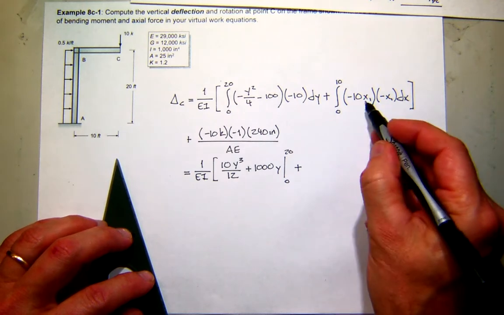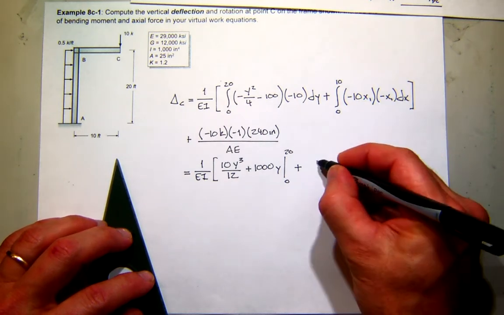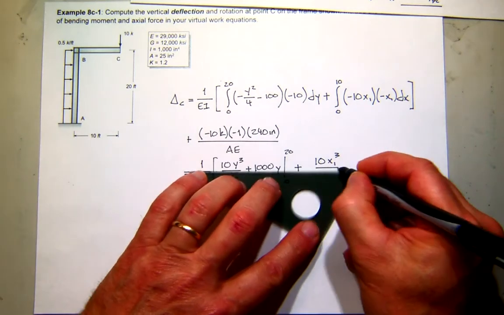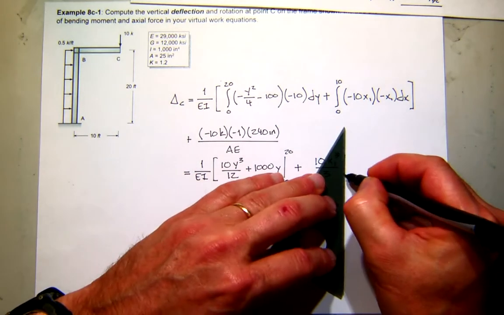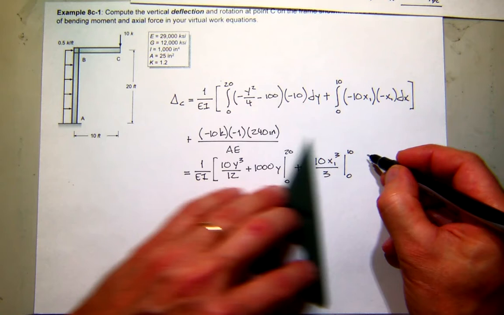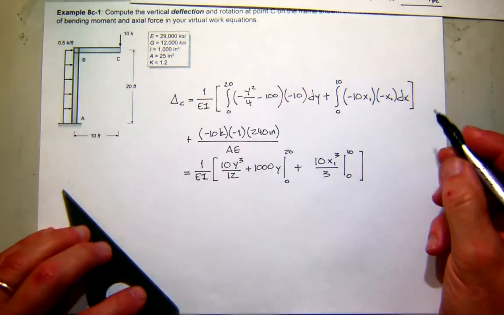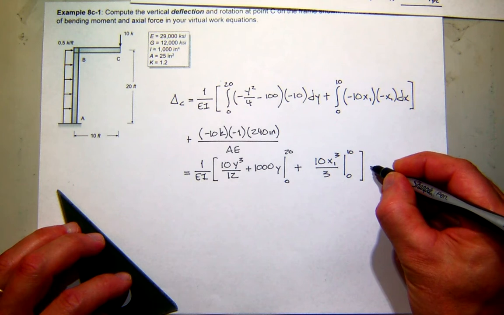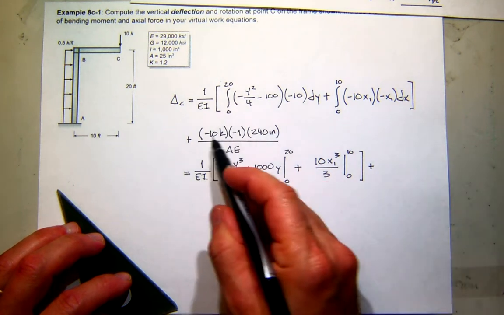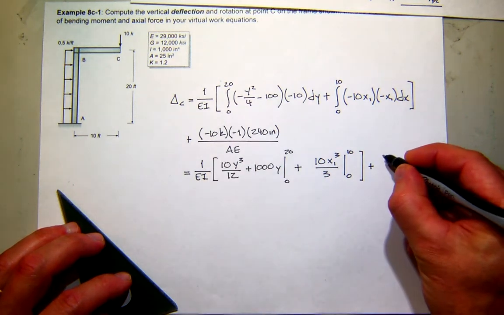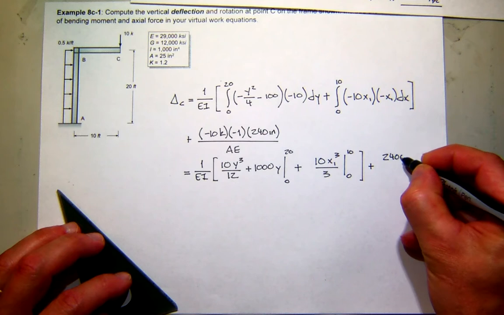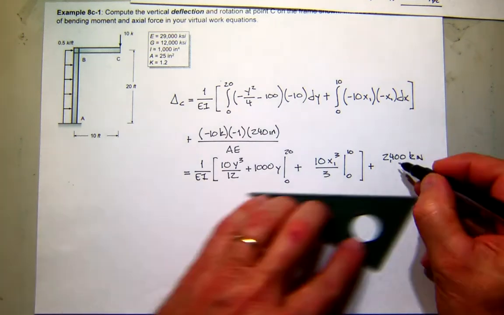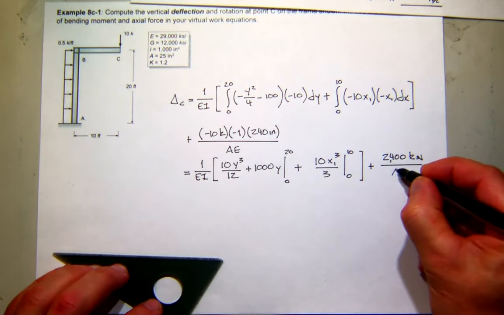Then over here you just get 10x1 squared, which will be 10x1 cubed over 3. Evaluate that from 0 to 10. And then this will be plus, well, 10 times that is 2,400 kip inches divided by AE.